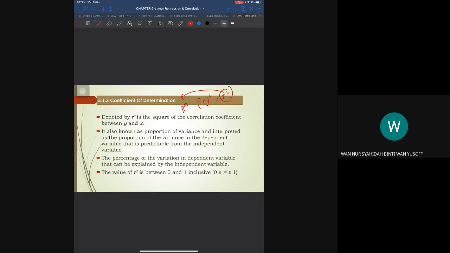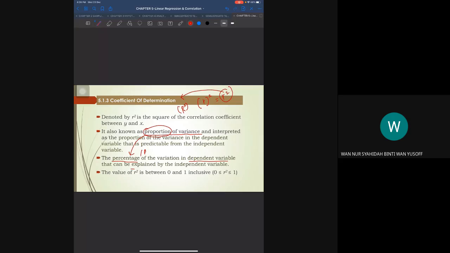The coefficient of determination is about the proportion of variance in the dependent variable that can be explained by the independent variable. It is a proportion, which we convert into a percentage. So we will discuss in the exercise after this.